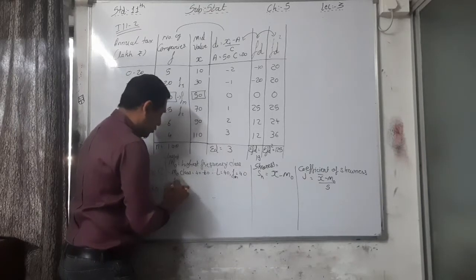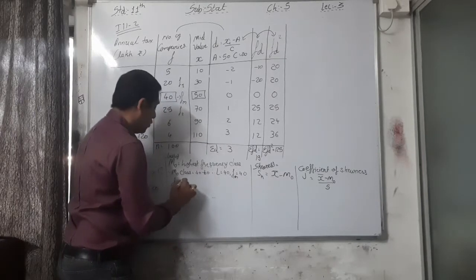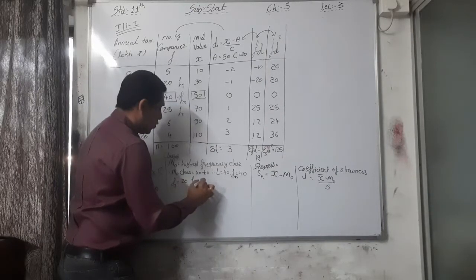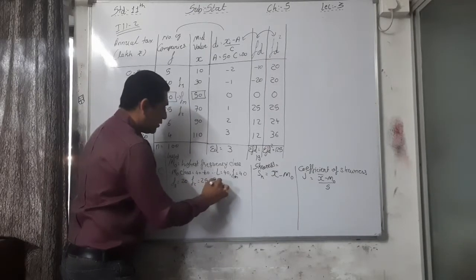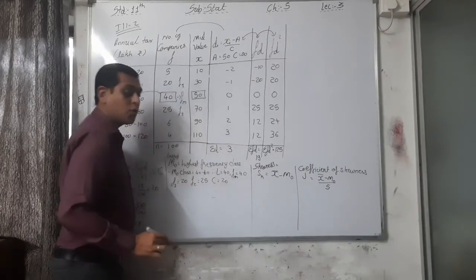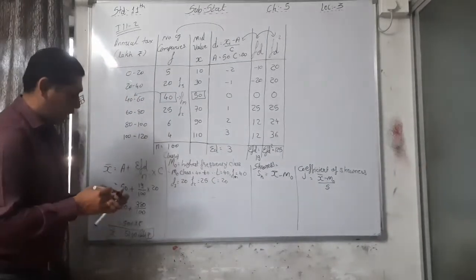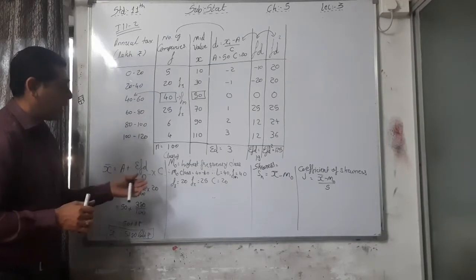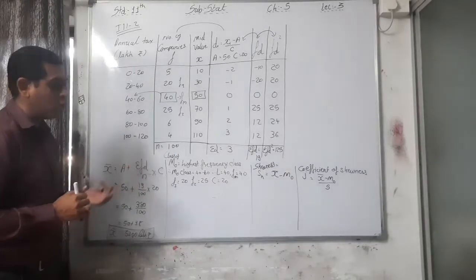F1 is equal to 20. F2 is equal to 25. And C is equal to, obviously, 20. Right? Because 40 to 60, that's why C is equal to 20. Now use the formula, put the value and find out the mode.